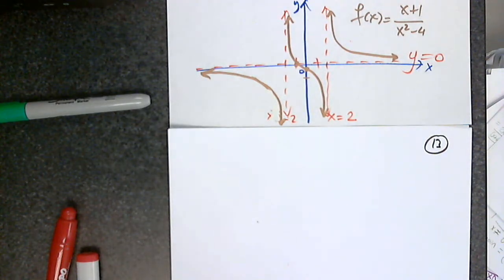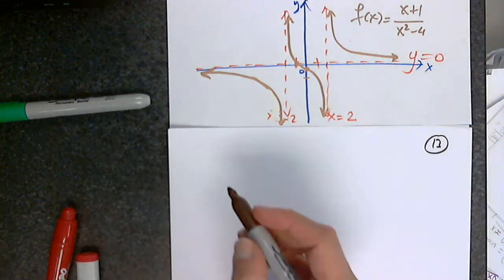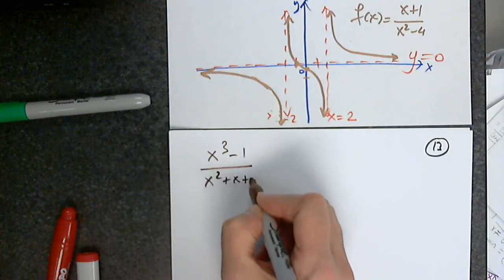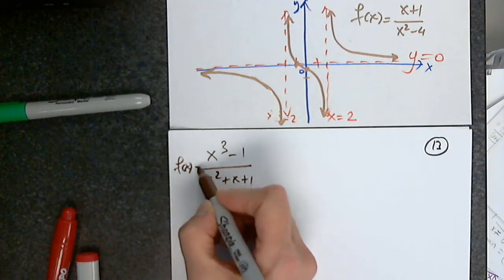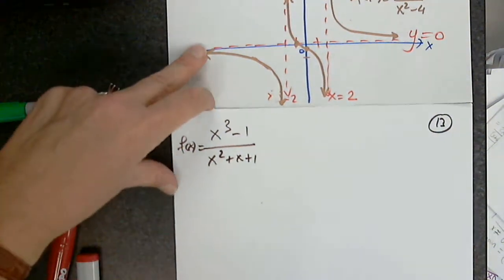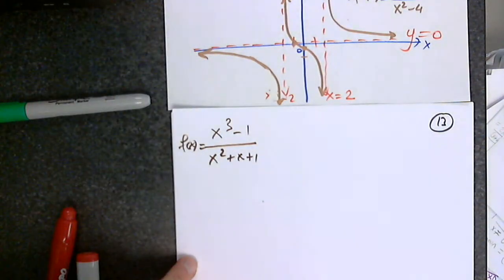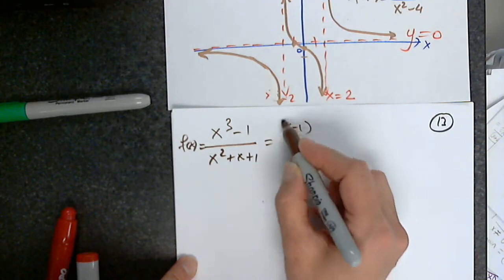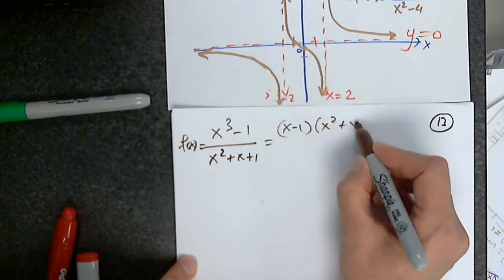So, does anyone remember what it was? Yes, x cubed minus 1 over... So the problem here is that the numerator is factorable into x minus 1 and x squared plus x plus 1.